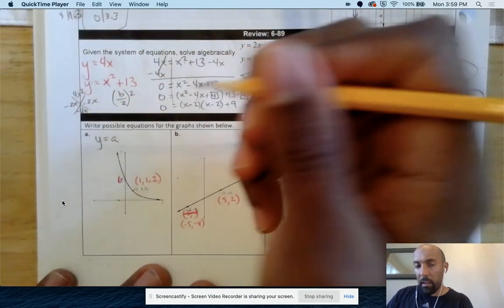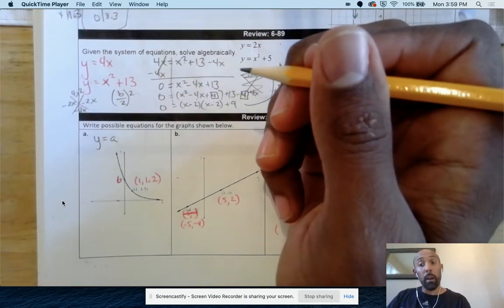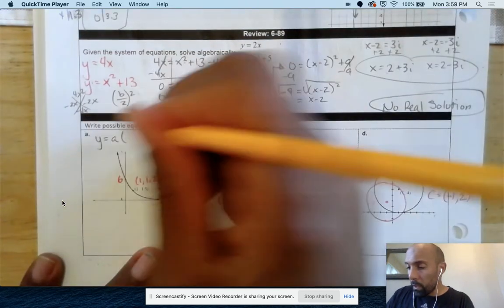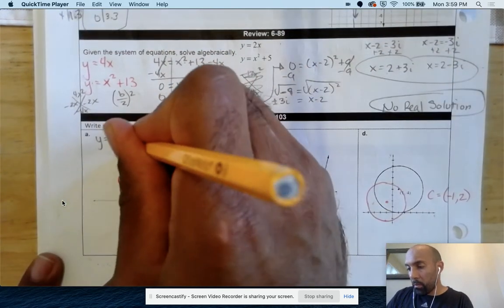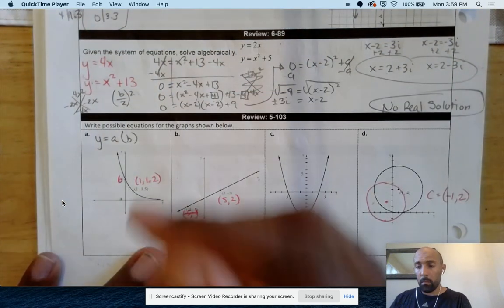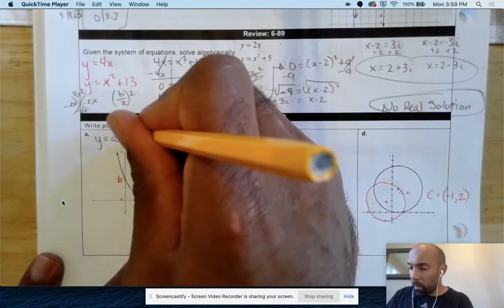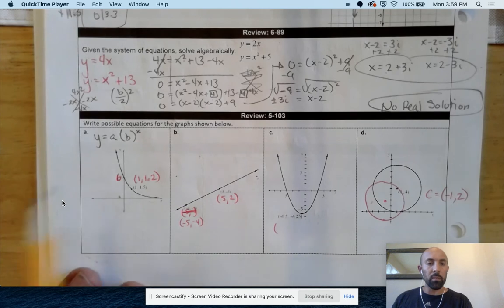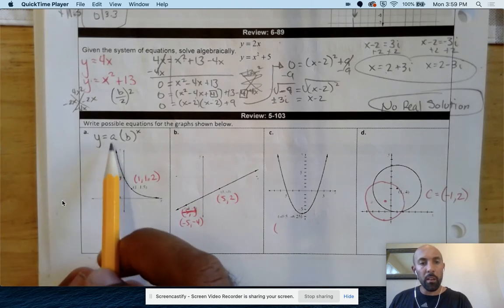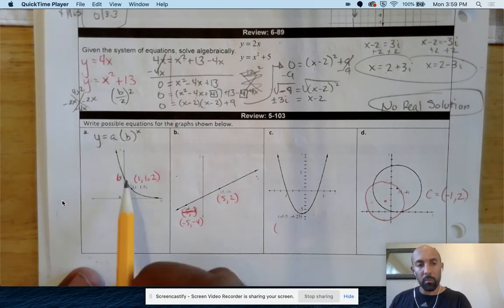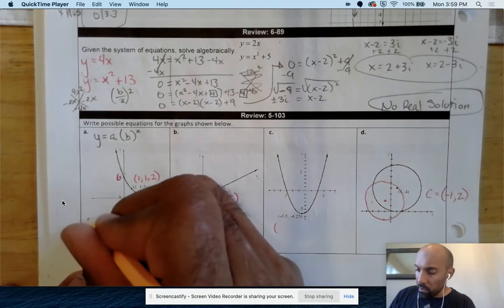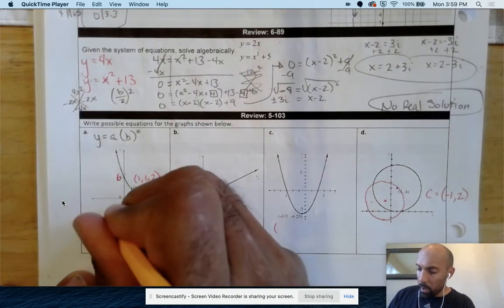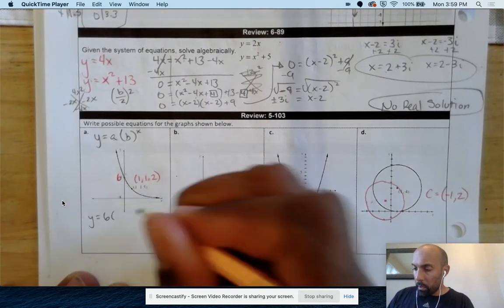So the equation for exponentials is your a, which remember is your start value or your y-intercept, times the b value, which is the rate of growth, raised to the x power. Okay, so to find that, we know the a value because that's the y-intercept, which is at 6. So as I start writing this out, I can write 6 here.